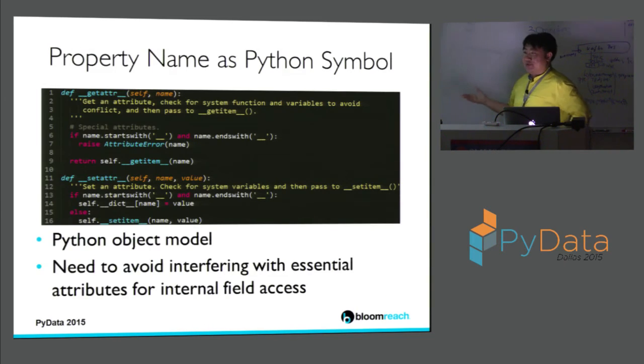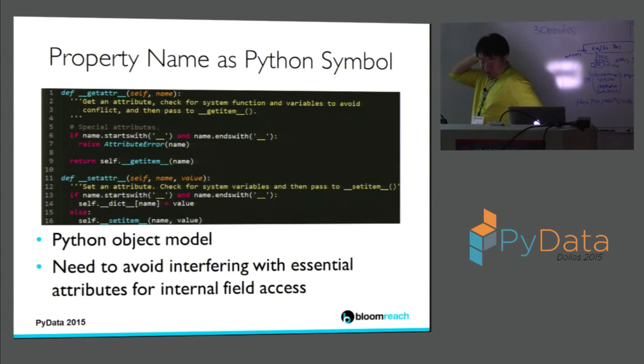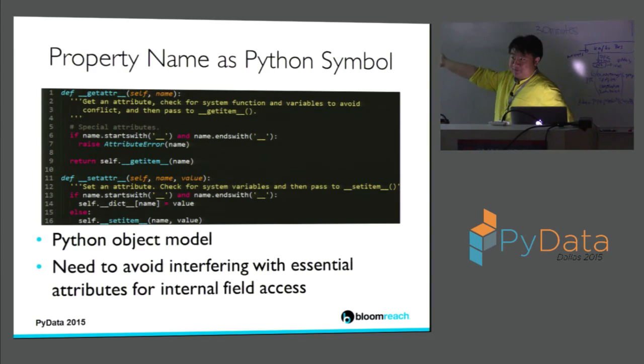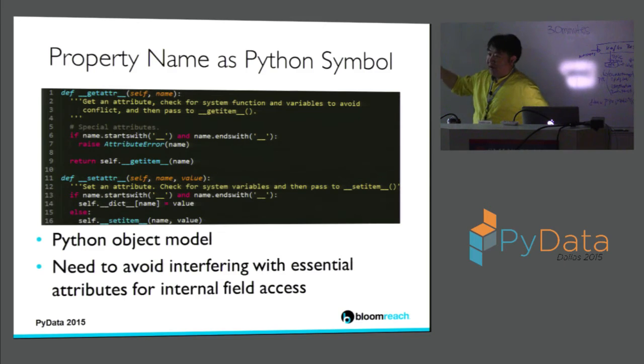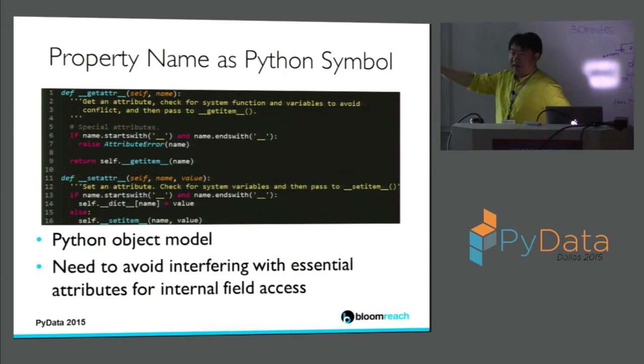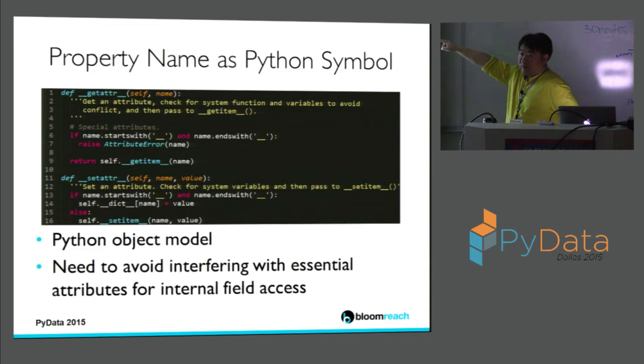So how did we do that in Python? It's basically we hack into the object model. For those who are familiar with Python objects, they provide a lot of things like underscore get attribute and set attribute. These two magic methods are invoked when you have, for example, some object .a or .b, and your get attribute will be called when you try to get the value.